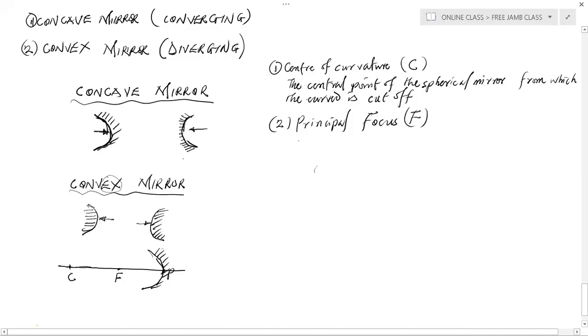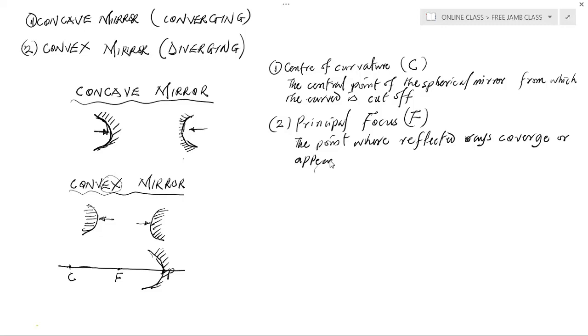That's A. This can be defined as a point where reflected rays converge or appear to diverge from after reflection.